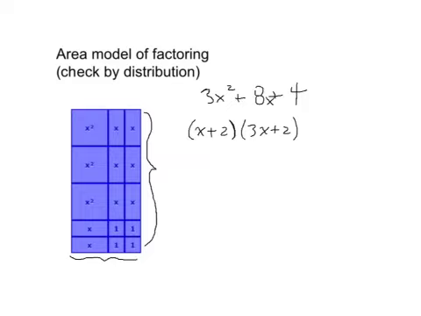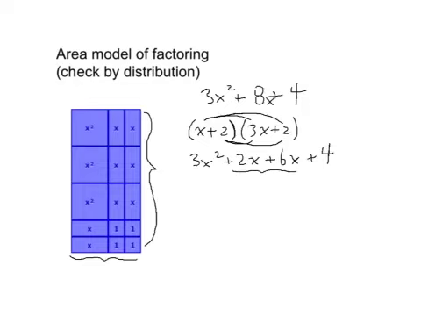How do we check factoring questions? Well, the opposite, of course, of division is multiplication, so we can just quickly check through the distributive property. We get 3x squared, 2x, 6x, plus 4.